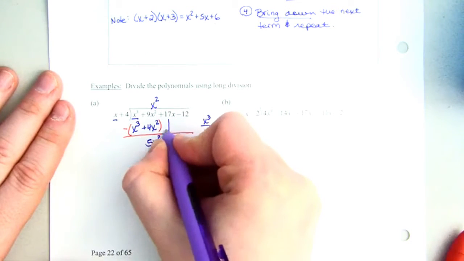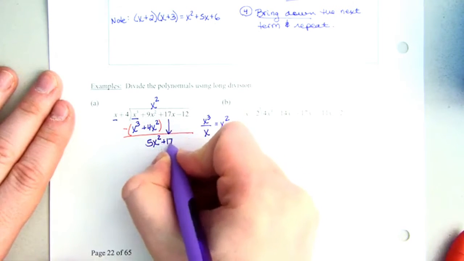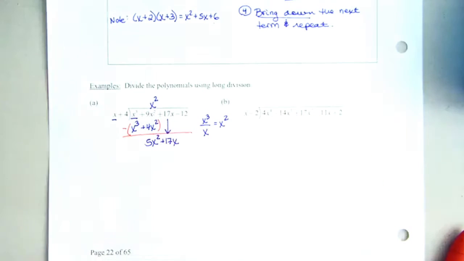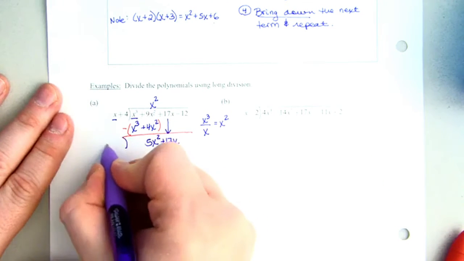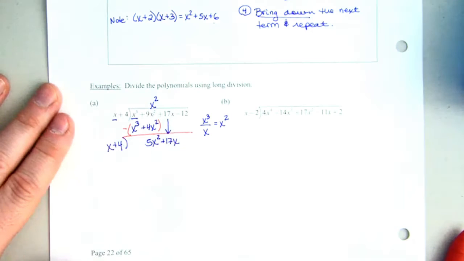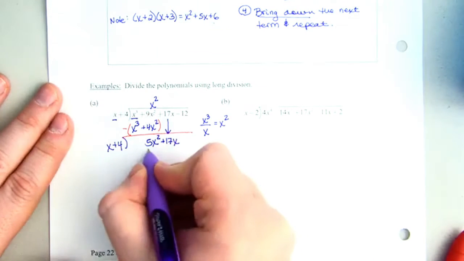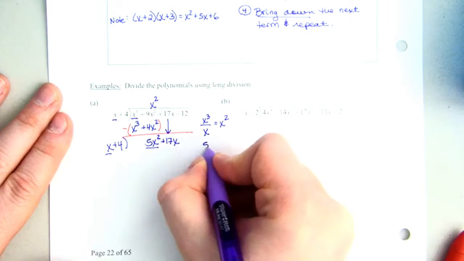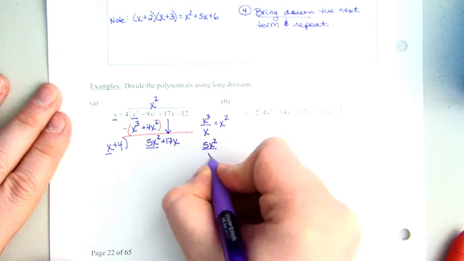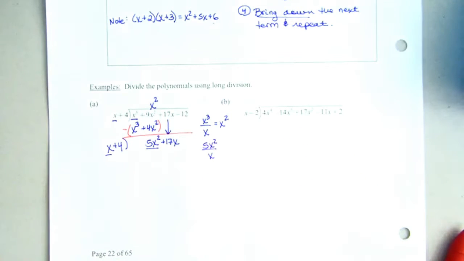I'm going to bring down the next term, and I'm going to start over, and you're going to help me out with a lot of this. First division problem should be 5x squared divided by x. What is 5x squared divided by x?